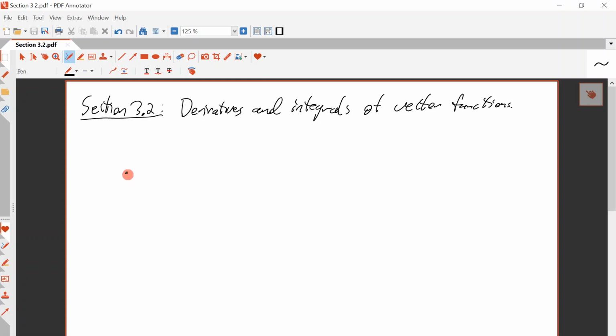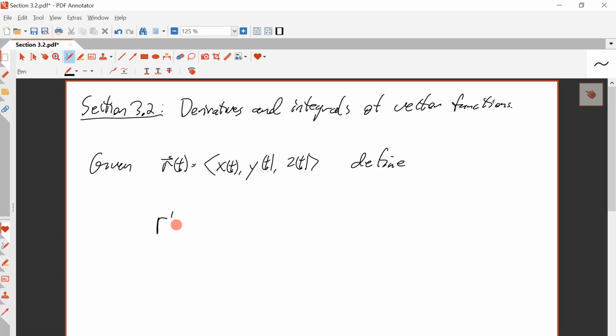So, given a vector function in 2 dimensions or 3 dimensions, I'll write it in 3, x(t), y(t), z(t), a vector function of one variable, define r prime of t in the way that we would have done it in Calc 1: the limit as h goes to 0 of r of t plus h minus r of t, over h.